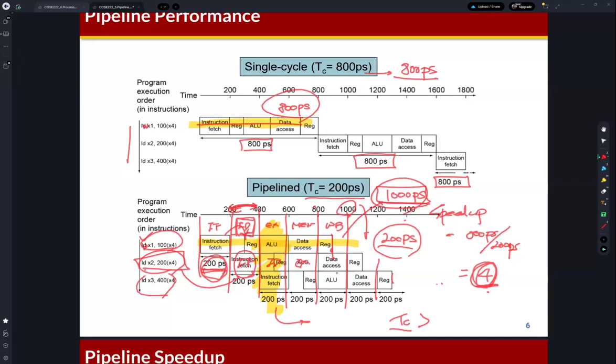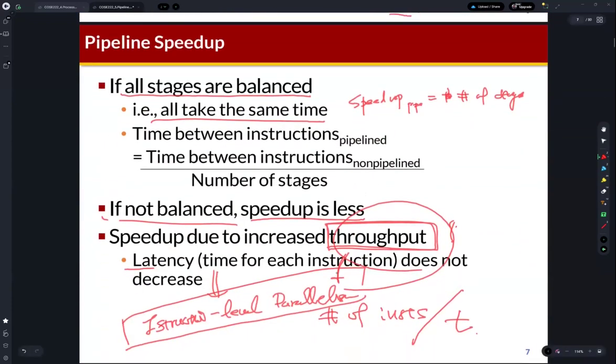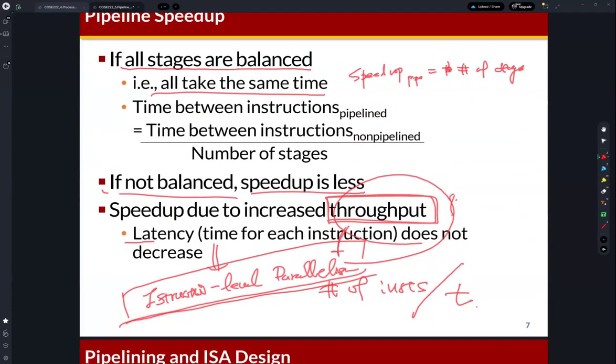Instructions are executed in parallel, right? This is called instruction level parallelism. So a pipeline architecture can improve the performance using instruction level parallelism, right?